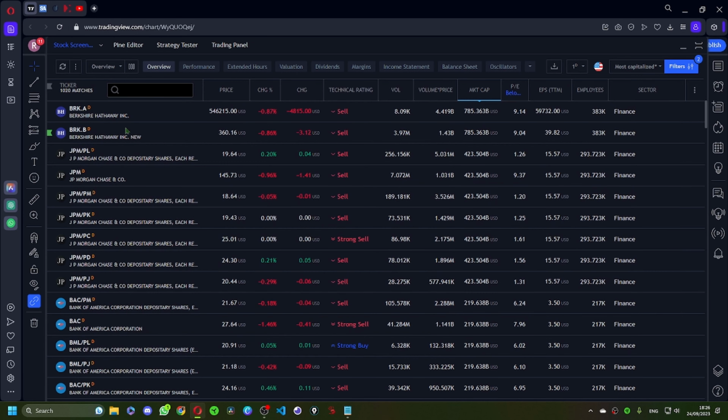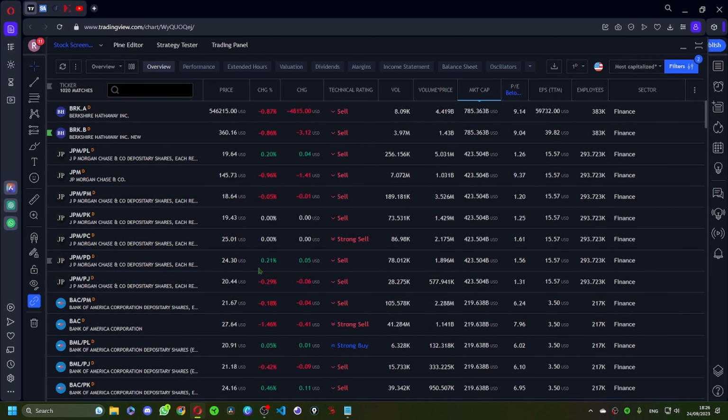Now, there will be a lot of duplicates here because they're on different markets. So this one might be on the New York Stock Exchange. This one might be on the German Stock Exchange or whatever. So you will get duplicates.